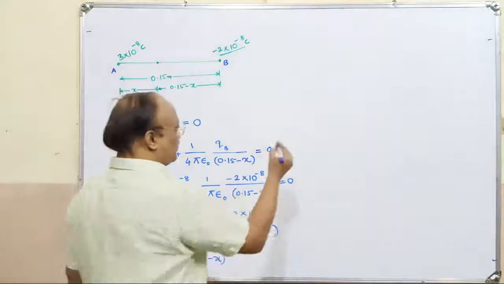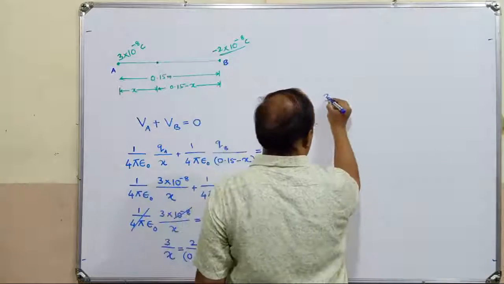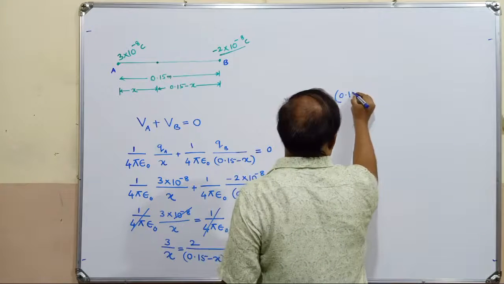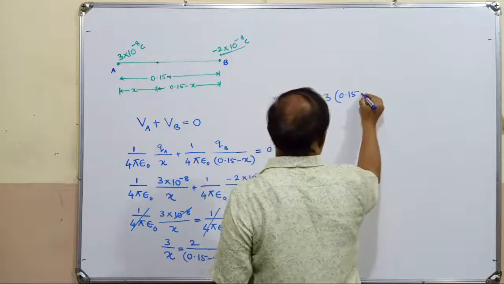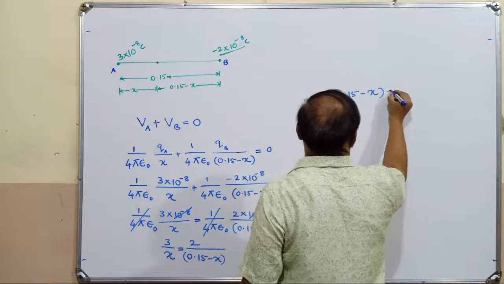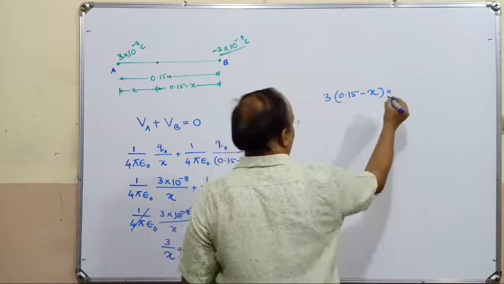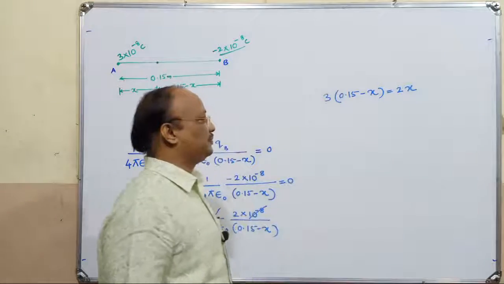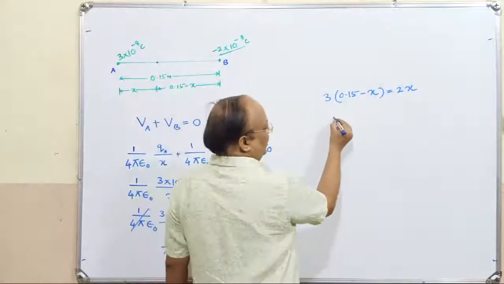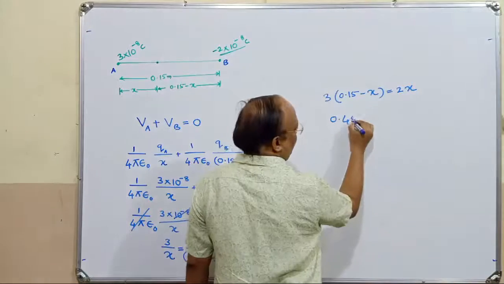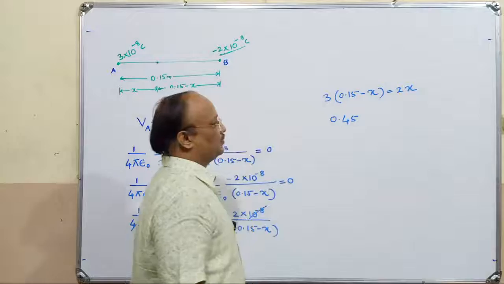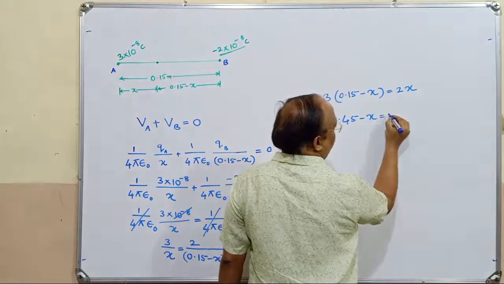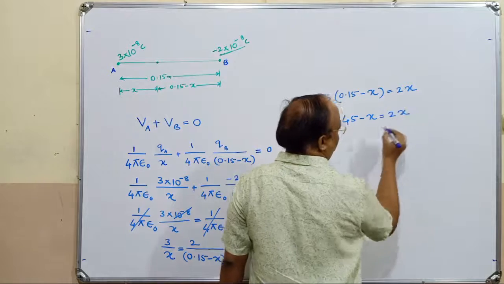So if you cross multiply, it is 3 into (0.15 minus x) is equal to 2 times x. That is 0.45 minus 3x is equal to 2x.